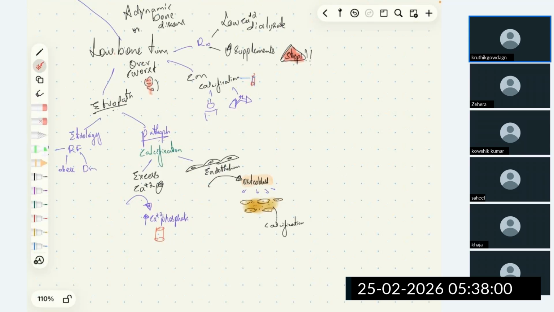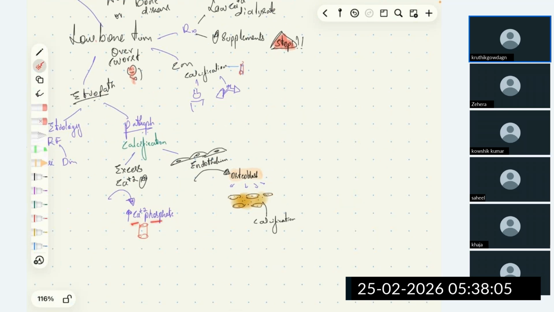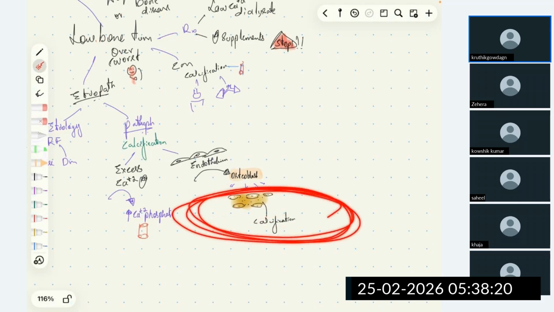Listen to it carefully. Increased levels of calcium and phosphate will cause transformation of endothelium into osteoblast. This causes deposition of calcium and causes medial calcification. This medial calcification will make the patient unfit for renal transplantation.